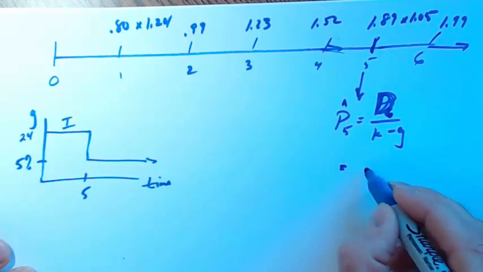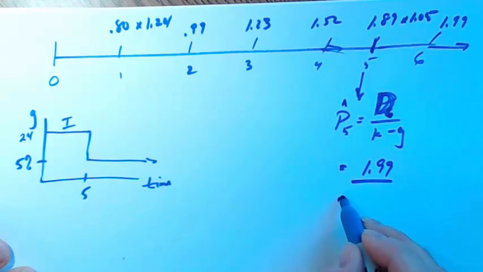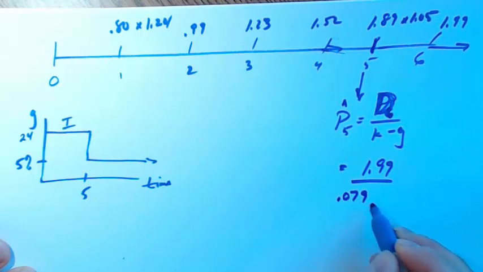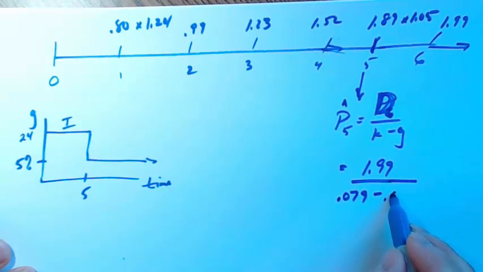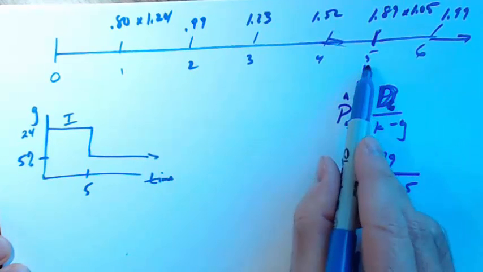So $1.99 right here, divided by the 7.9% K that we calculated earlier, minus my 5% growth assumption. This comes out to be $68.48.